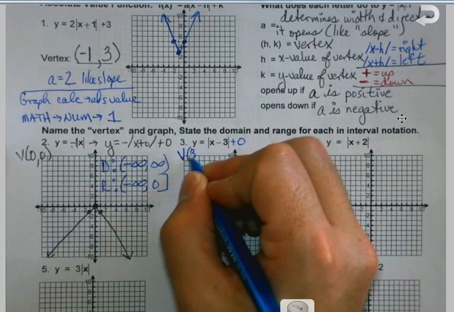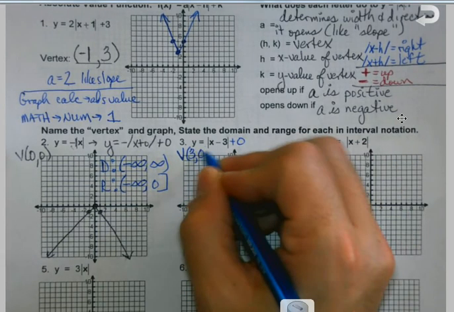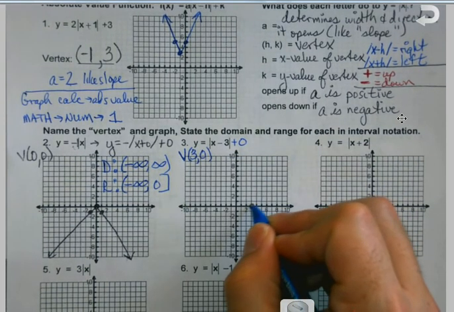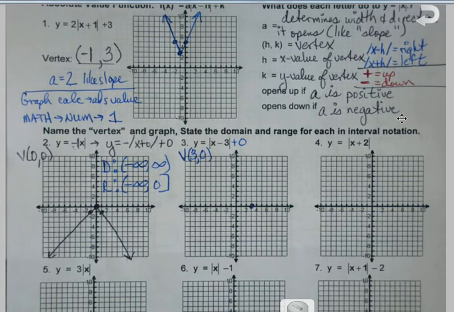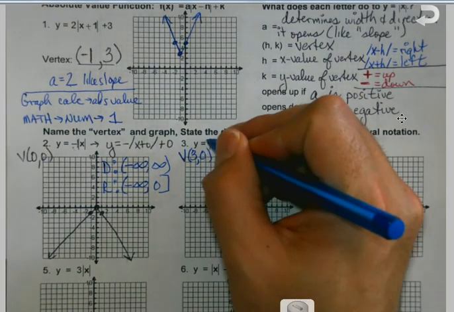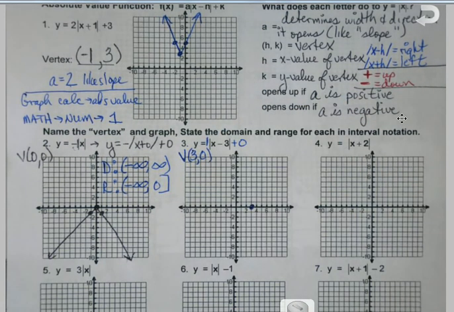Opposite of that's 3. 3, 0. Okay, 3, 0. Is this one going to be opening up or down? Up, because my value in front, again, is 1, since I can't see anything. It's positive, so it opens up.